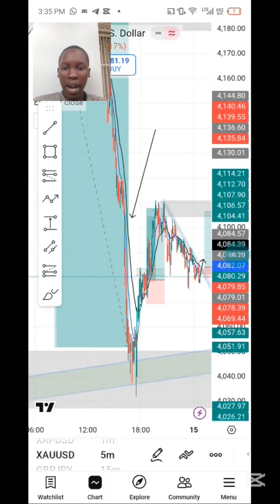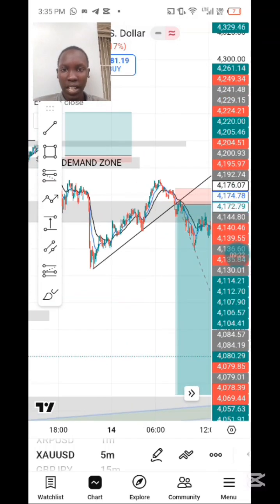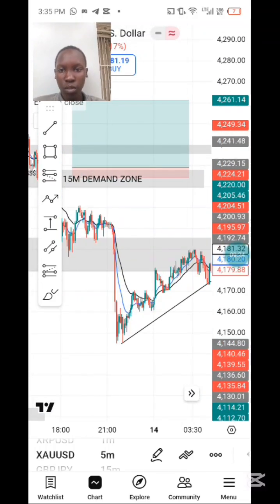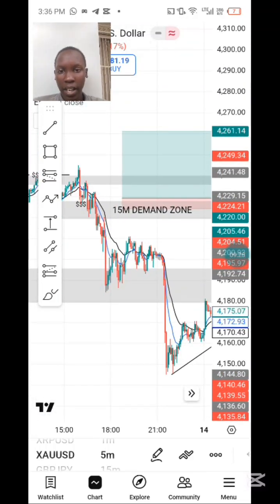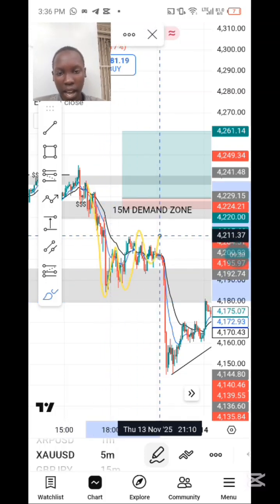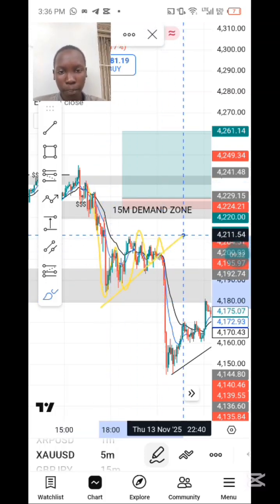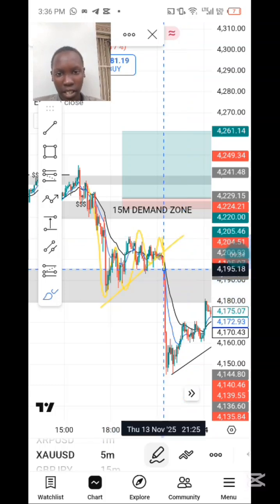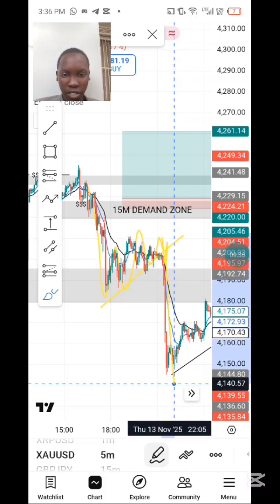So let's go and backtest more. That's just till the beginning. And this one here, after aggressive selling, it consolidated, and after consolidating, what happened? It broke the zone and it dumped seriously.